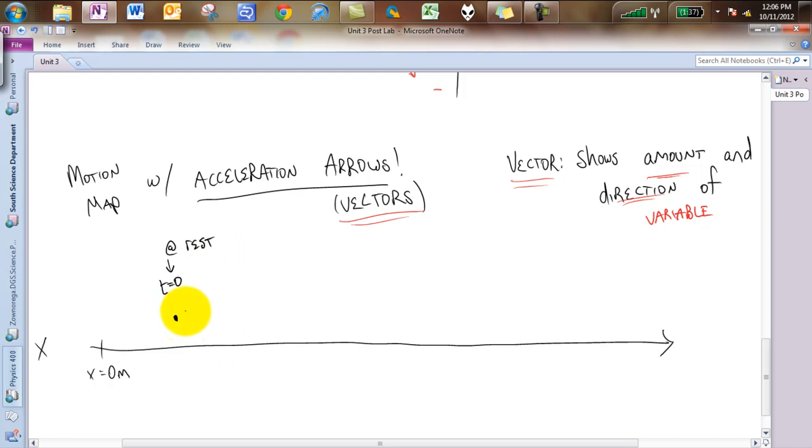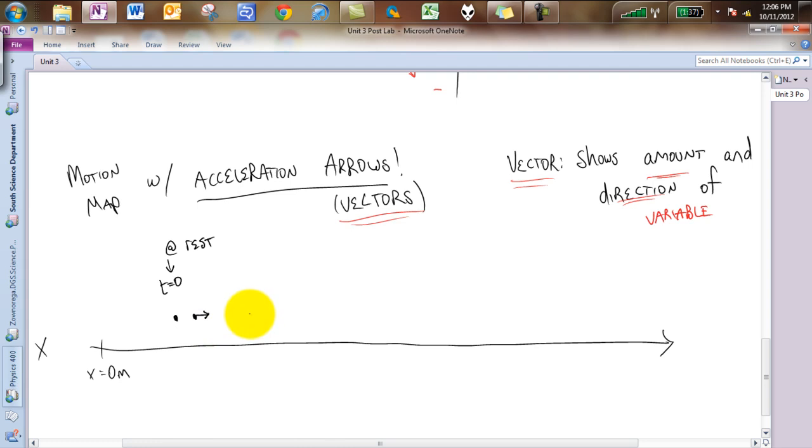So my next time interval, I'm just a little bit further away because it started to go down the ramp. So that's going to be there. Now, do I have a velocity at this time? Yes, I do. And I would represent it by drawing a velocity vector on there. A little bit further down the road, I am starting to cruise.